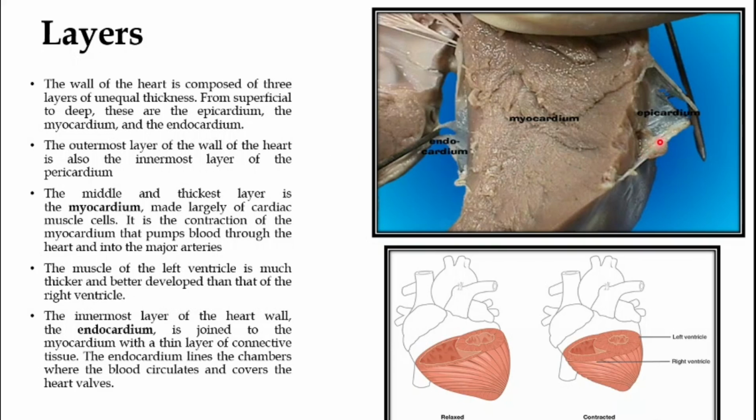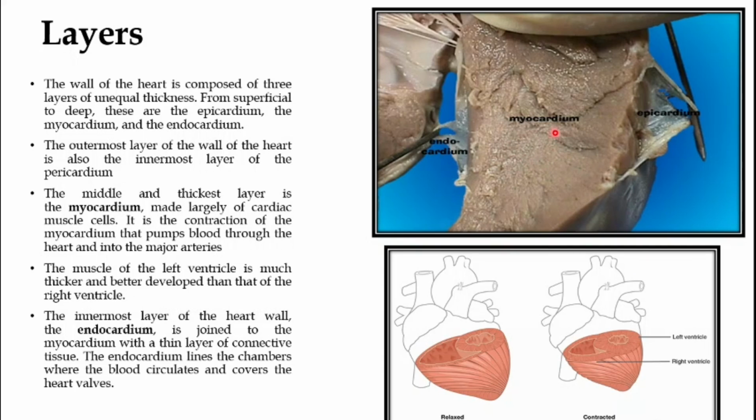From the superficial layer to the most inner layer, the most superficial layer is known as the epicardium, the big muscle of the heart is known as the myocardium, and the most inner layer is known as the endocardium.